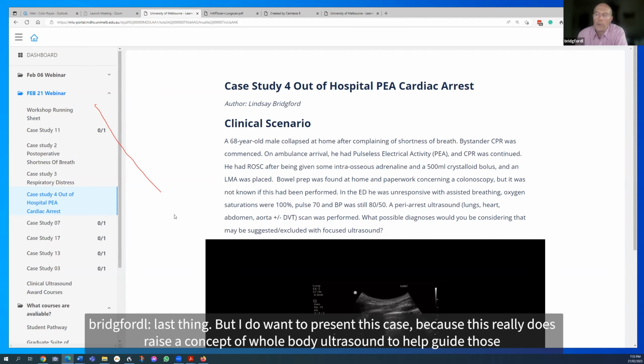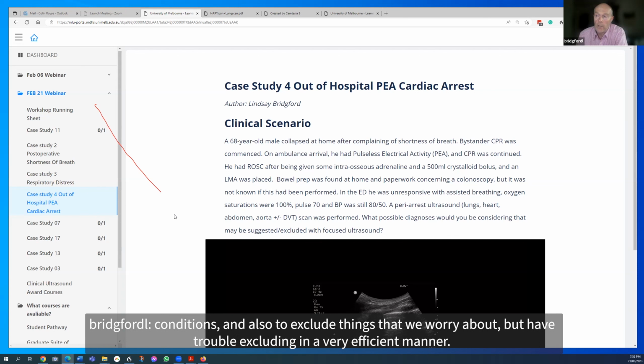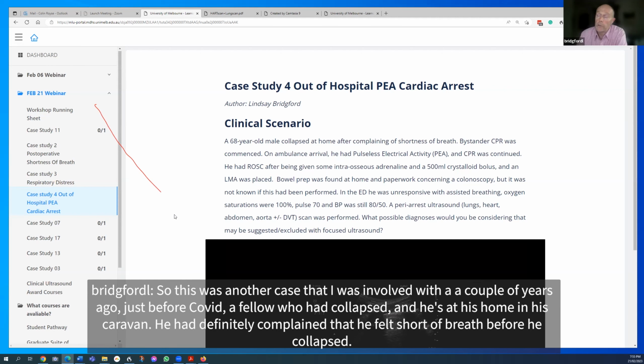But I want to present this case because it raises the concept of whole body ultrasound to help diagnose conditions and also to exclude things that we worry about but have trouble excluding, in a very efficient manner.